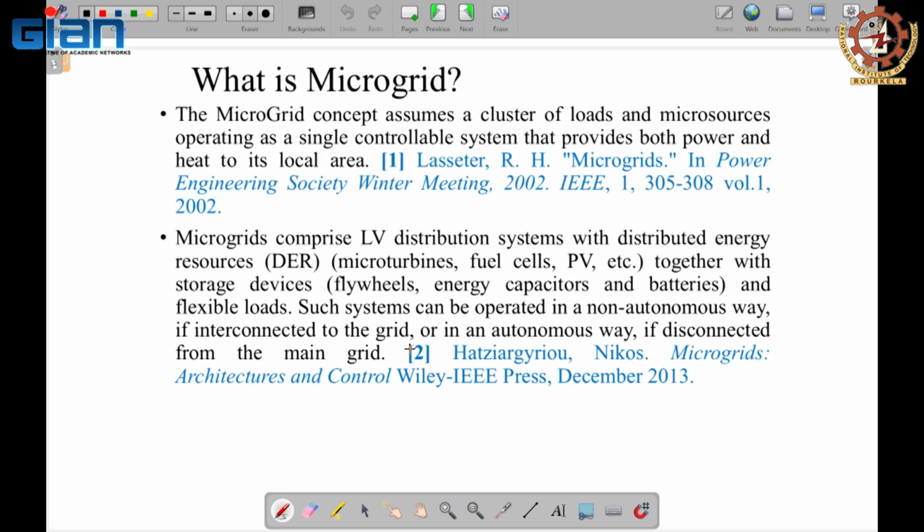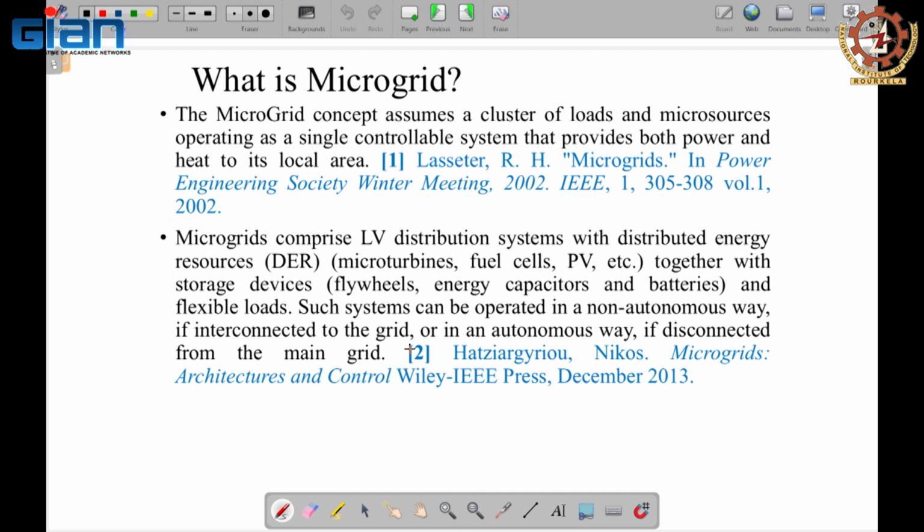So here, what is microgrid? In research, you will see that many definitions have been proposed. Here are some of the definitions.